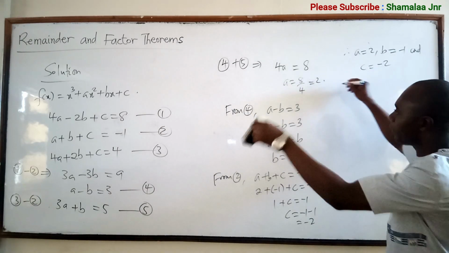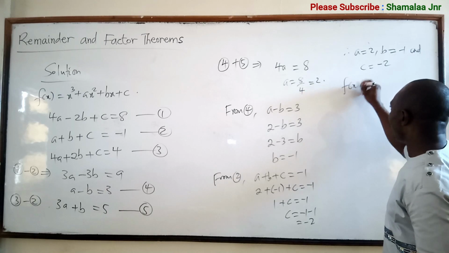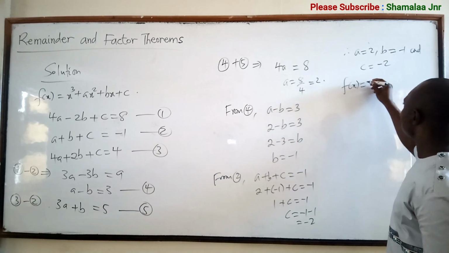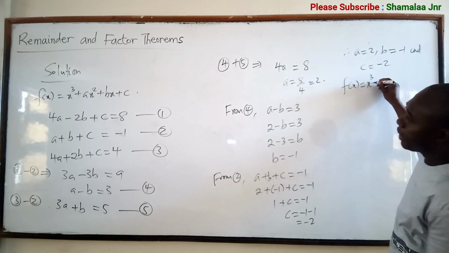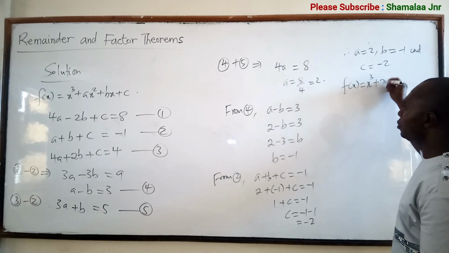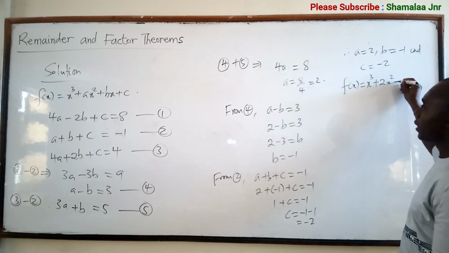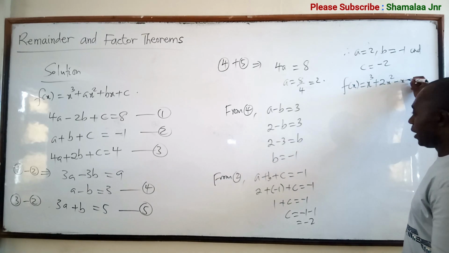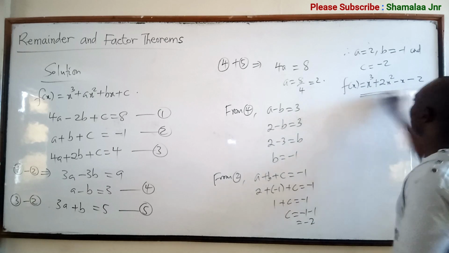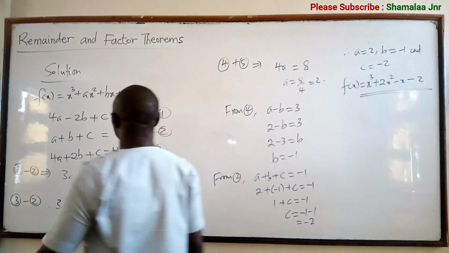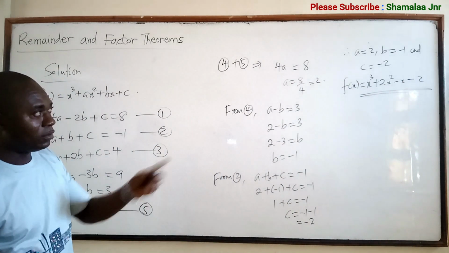Yes, so that will mean that the function will now be f of x is equal to x cubed, you have seen a, plus 2x squared, I've seen b, so minus x minus 2. So this will be the polynomial, yes, the polynomial function. Are you seeing it?